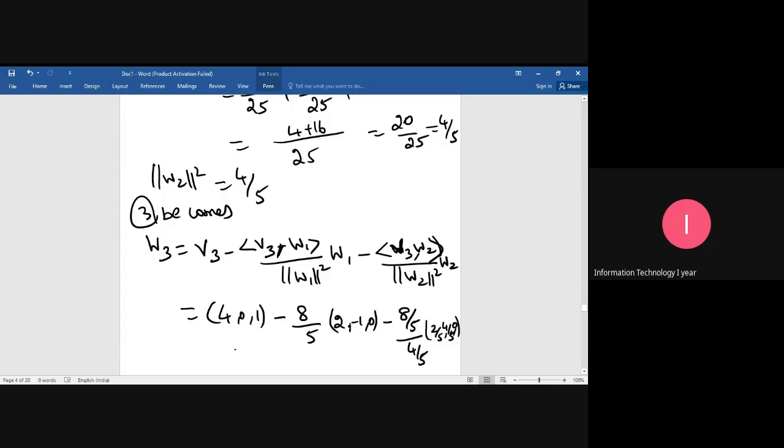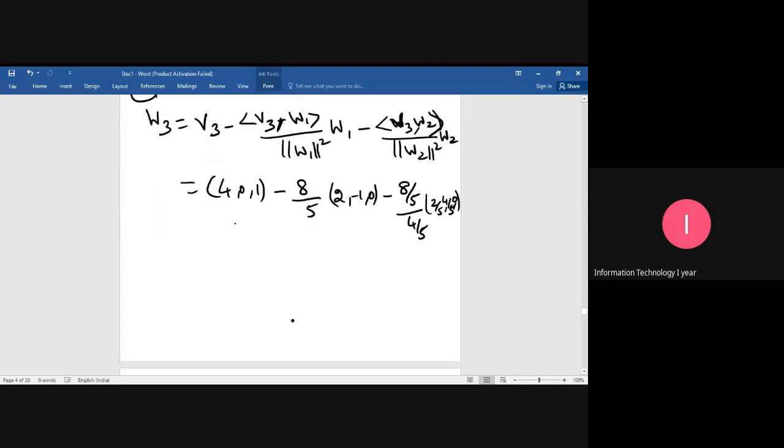So this is W2. Take its simplification, we get the answer for W3. W3 equals 4 comma 0 comma 1 minus 8 by 5 multiplied by 2, which is 16 by 5, comma 8 by 5, 0.